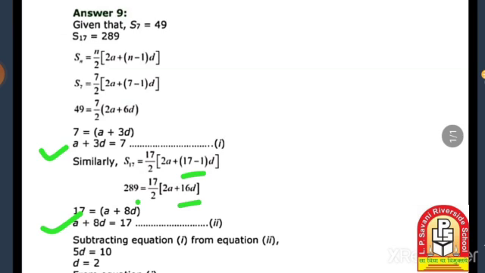Then after multiplying by 289 and dividing by 17, that gives us a plus 8d is equal to 17.